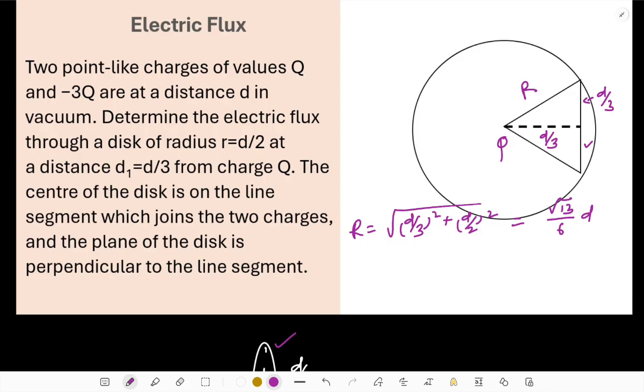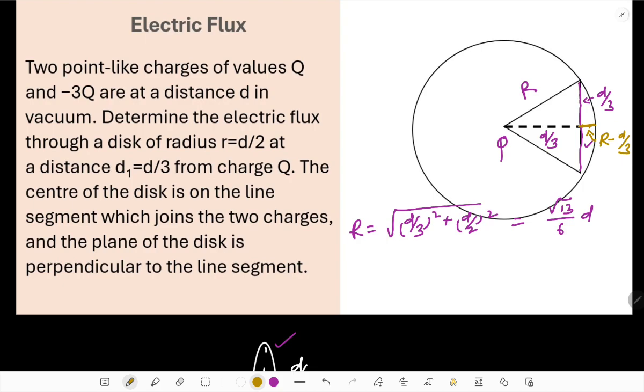What can I do to find the flux passing through this base of the cone due to the charge sitting at the vertex, that is charge q? If you remember earlier, you need to find this length to find the flux through the base, and this length is r minus d upon 3.